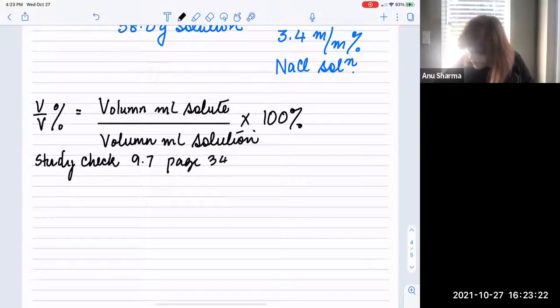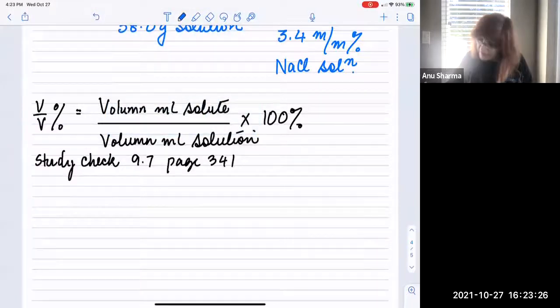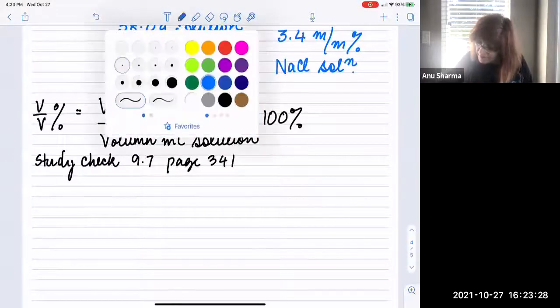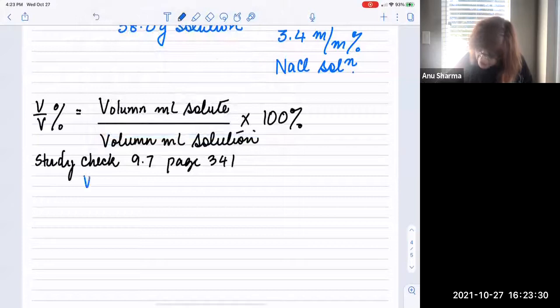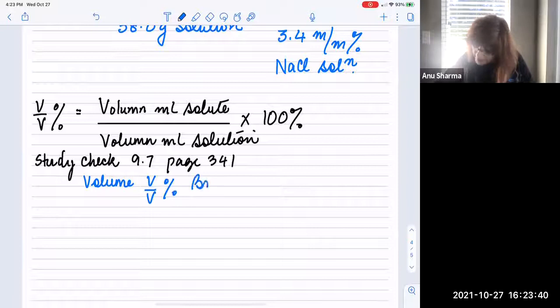So what do you have here? What is the volume by volume percent of bromine, Br2? Now, bromine is a liquid. Okay, so that is why.